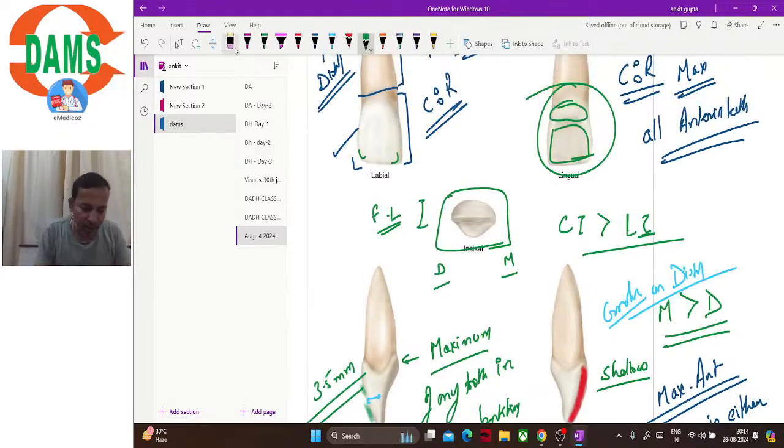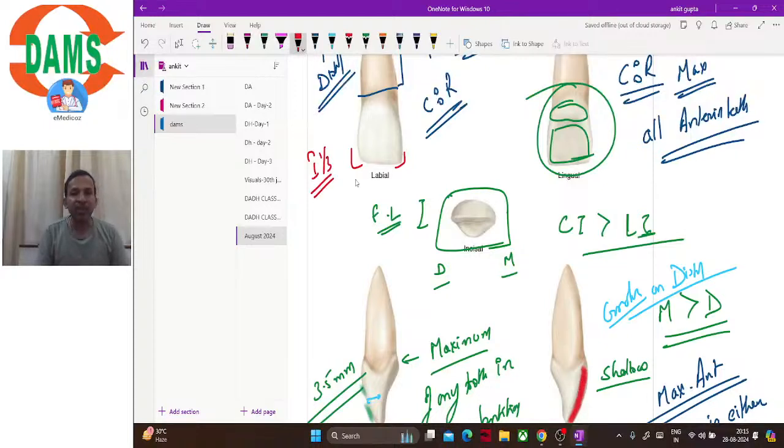Also notice one more thing here. The crest of curvature on the proximal side, that is the maximum convexity on the proximal surfaces, on the central incisor, on the mesial side and on the distal side, are both in the incisal 1/3, isn't it?